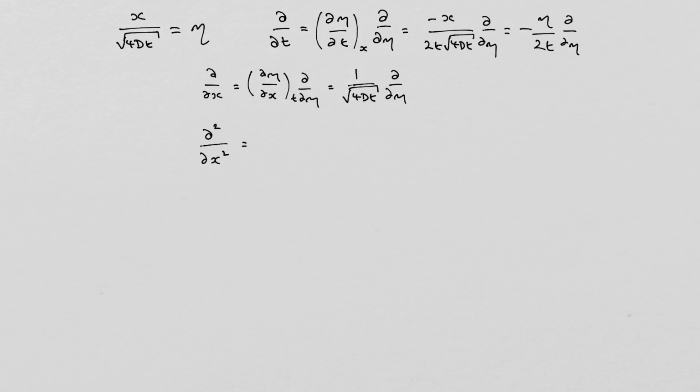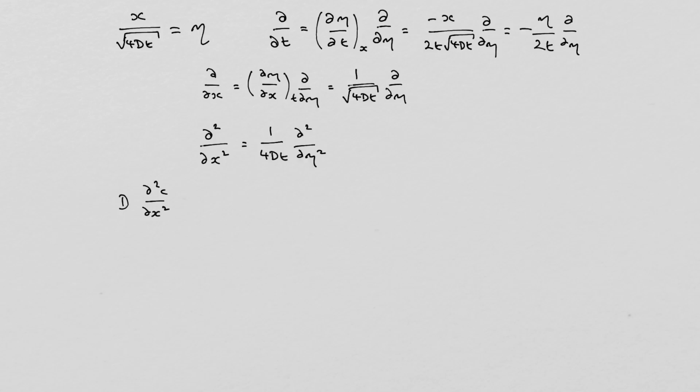What I have to note here is that when I do d by dx, I'm working at constant t. This bit here only depends on t, so it just carries straight through the derivative. So if I take a second derivative, I just end up with 1 over 4 dt, d2 by d eta squared.